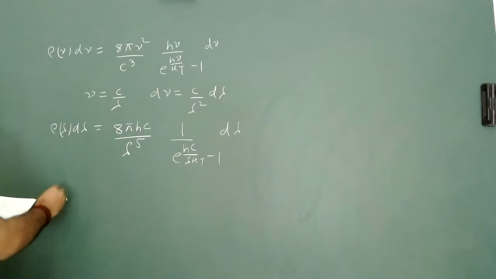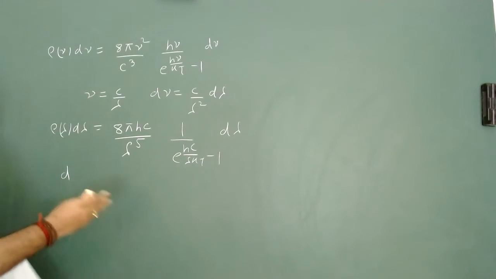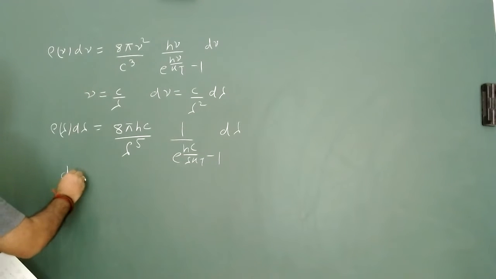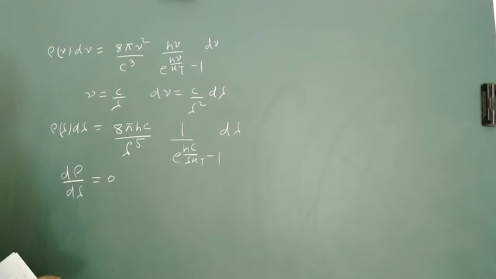For the maximum intensity, meaning the energy density will be maximum, we keep the area and all other things constant. So d rho upon d lambda must be equal to 0.